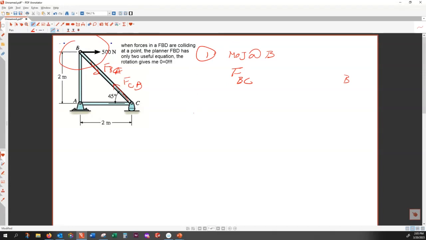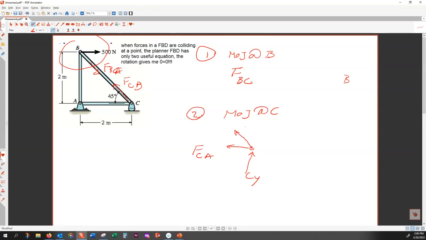In the second step, I want to apply method of joint at C, but this time my free body diagram does not have three unknowns. My free body diagram has FCA, it has CY, but the third force is not unknown.